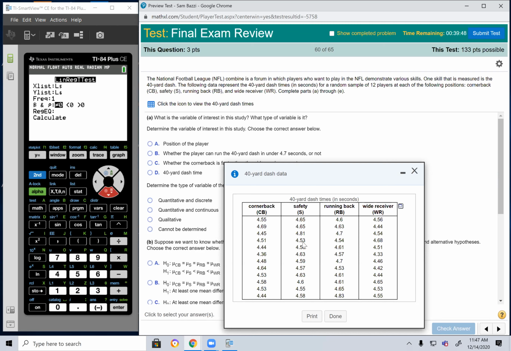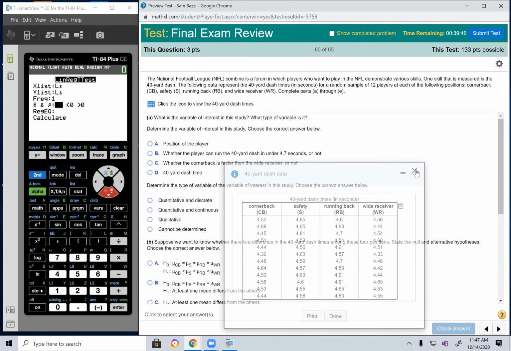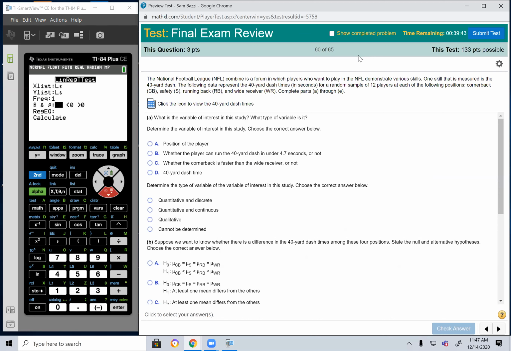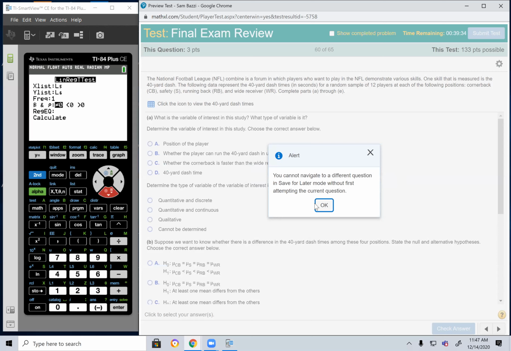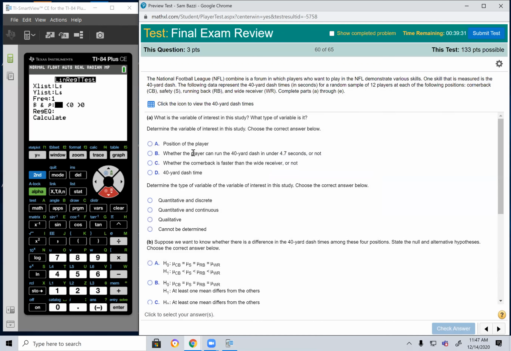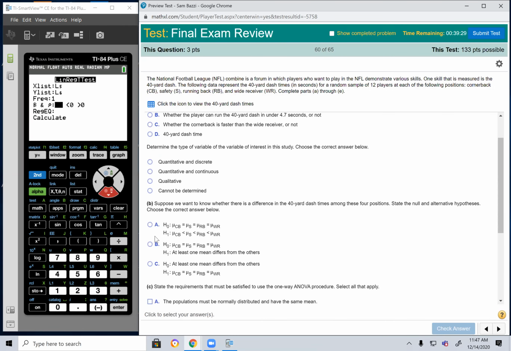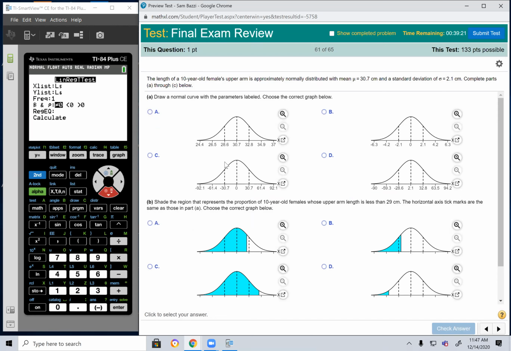You would have to enter L1, L2, L3, and L4 in there. It's a lot of work to do this. I'll just have to select an answer before I can move on. And 61, we're almost done, guys.